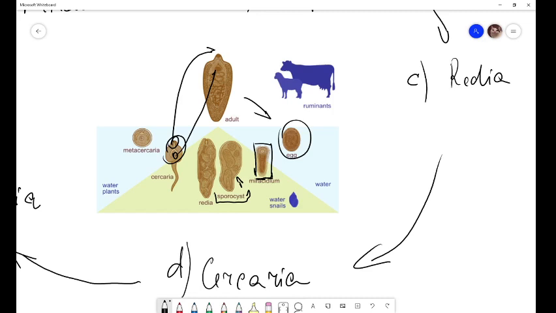And this is a free living form for a short time, and we can find them in the water.